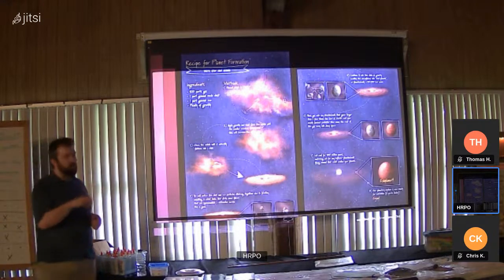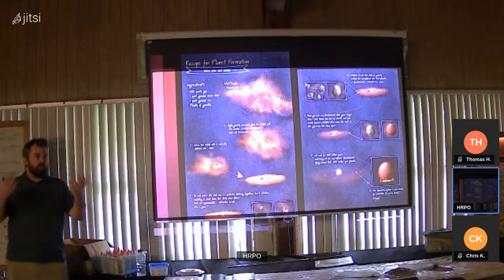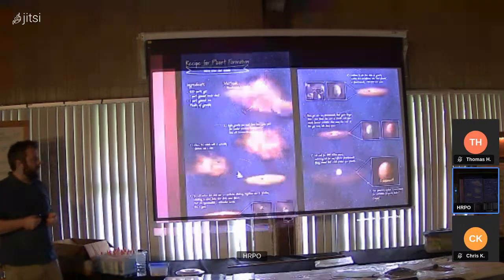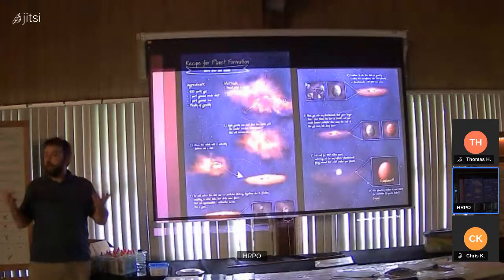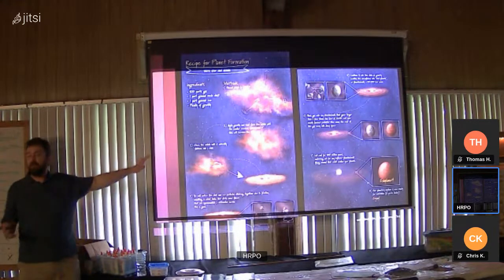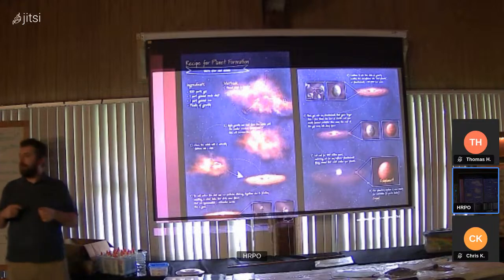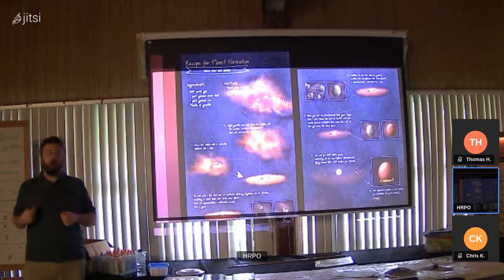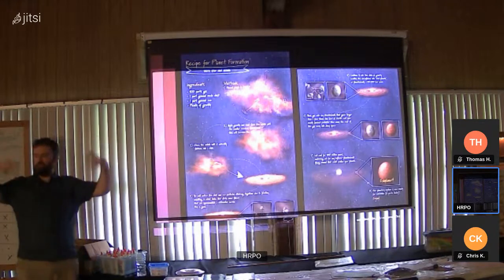And so that can happen once the planet core becomes massive enough, it can gather an atmosphere around it. And if that atmosphere becomes massive enough that it's more atmosphere than rock, and there's still gas around it, it will very quickly gather all the remaining gas in its orbital region and grow to a much larger size, like Jupiter or Saturn.